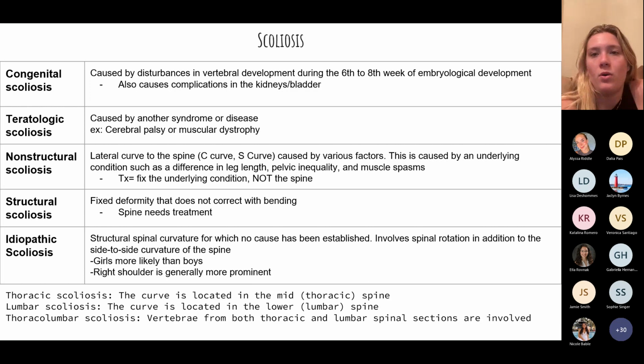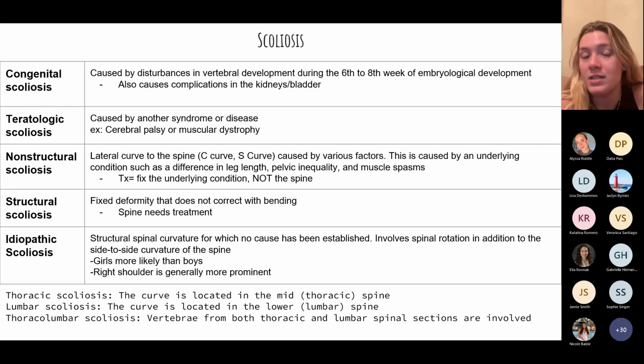Multiple different types of scoliosis. You have your congenital, teratogenic, non-structural. So we have our C curve, our S curve, etc. We have structural scoliosis. The difference between non-structural and structural is non-structural means there's not a problem with the spine itself.